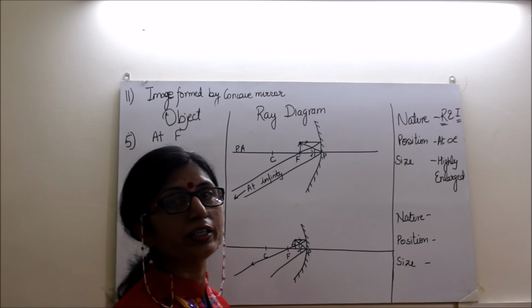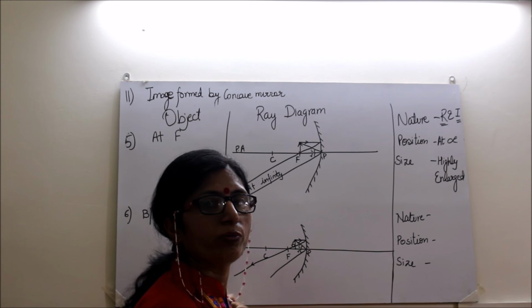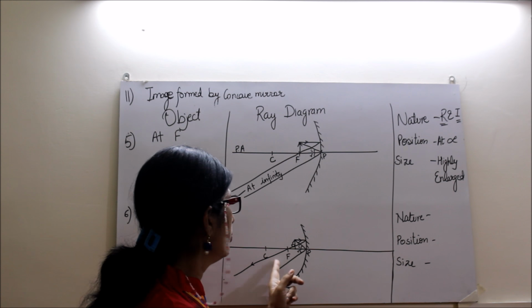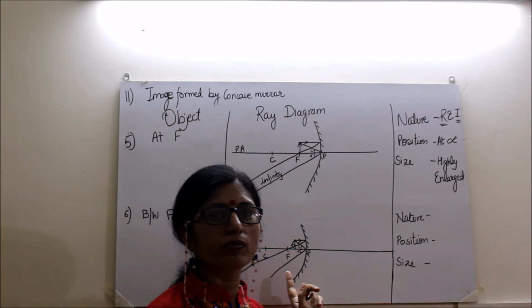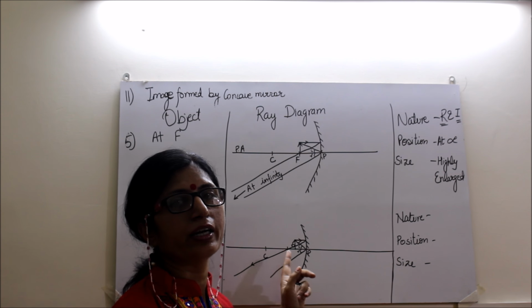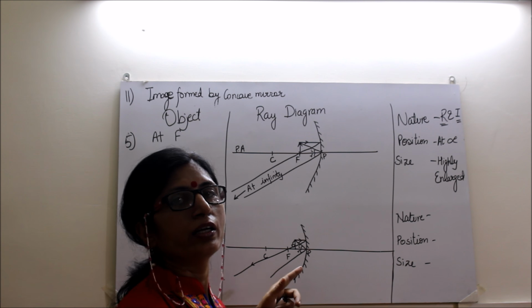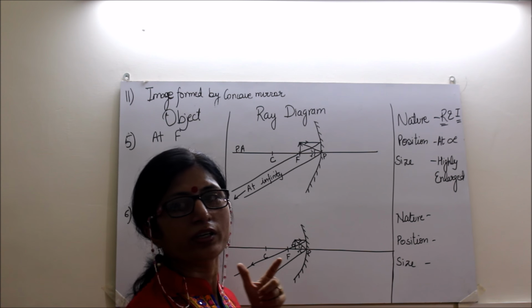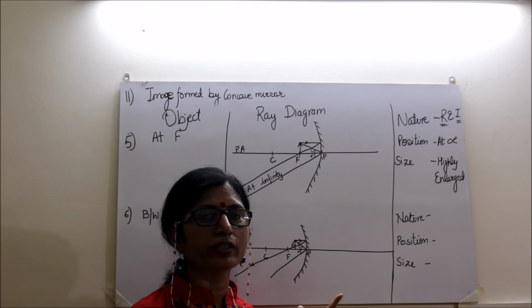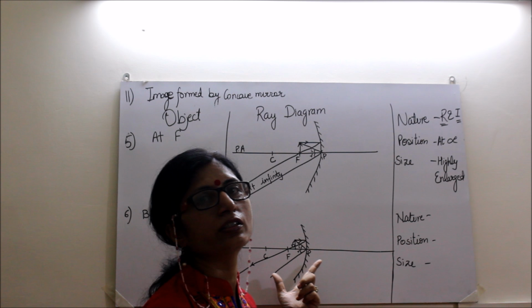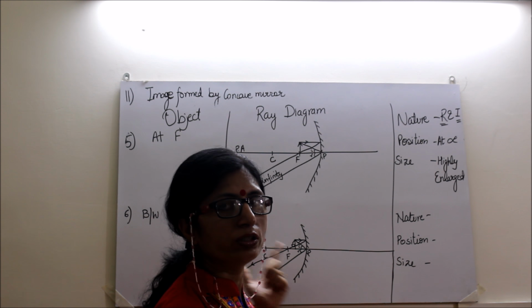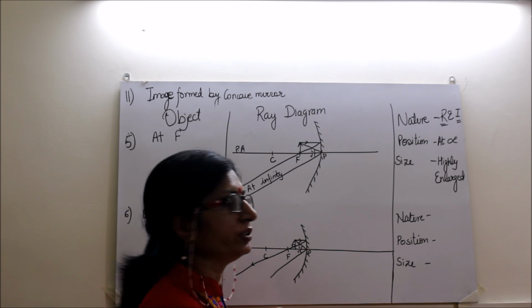Now, by our experience, we know that the image will not be formed anywhere here. The image will be formed which is virtual and direct, and it is highly magnified. Whenever in the lab we have seen this by experiment, we could never attain this image on the screen. So this is a virtual image.